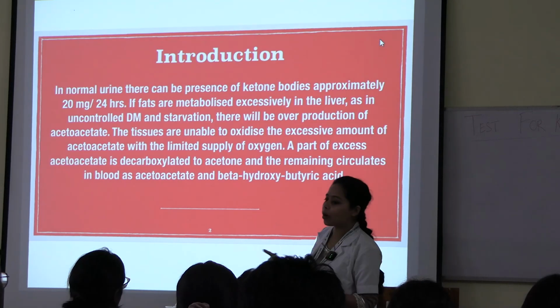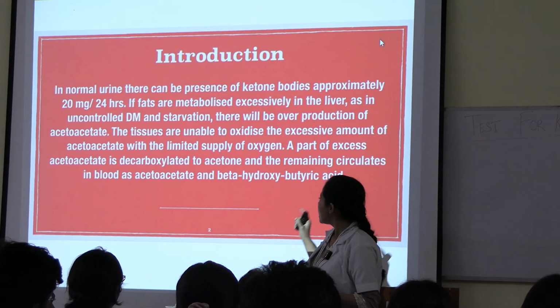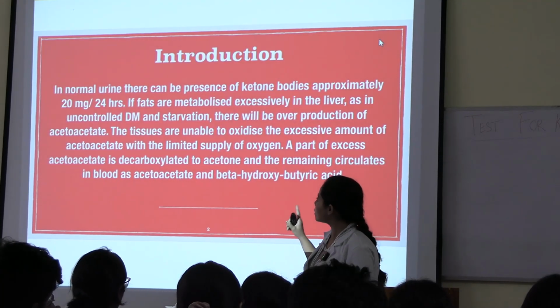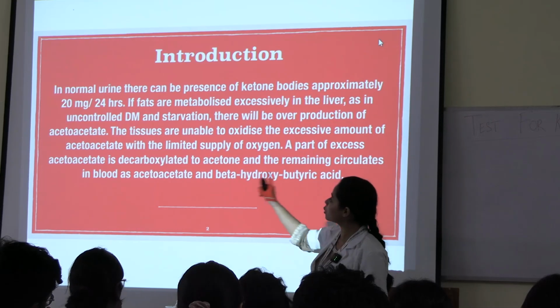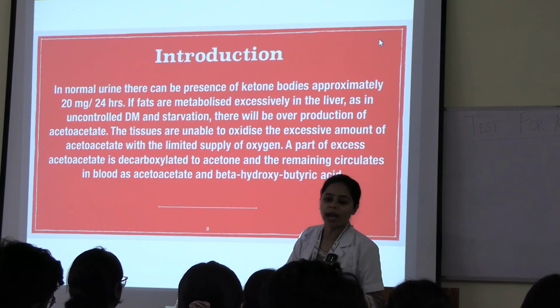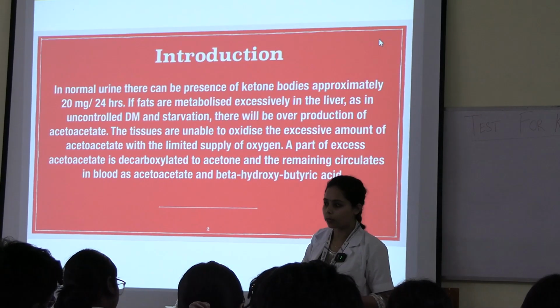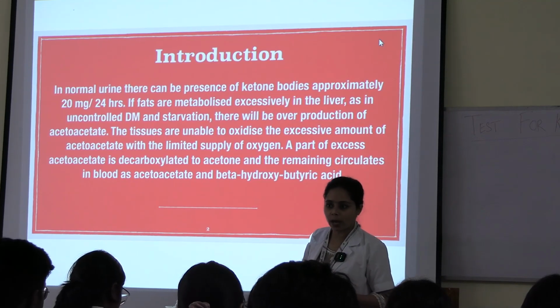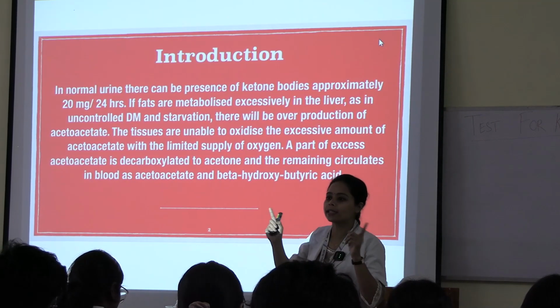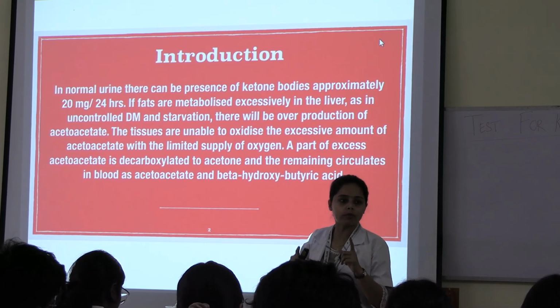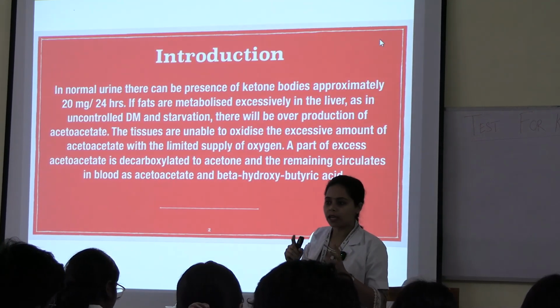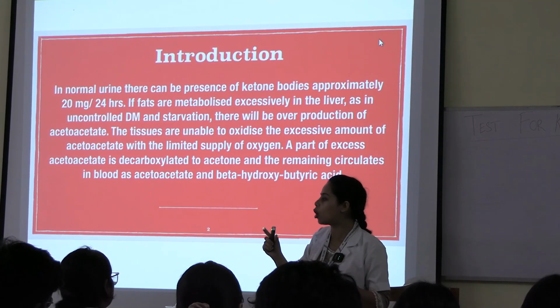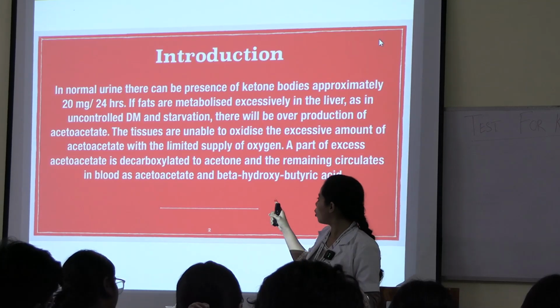When an excess amount of fat is metabolized, in uncontrolled diabetes or starvation, there is overproduction of acetoacetate, which is a byproduct of fat metabolism. Now, your body has a limited amount of oxygen supply, so not all of the excess byproduct will be decarboxylated.